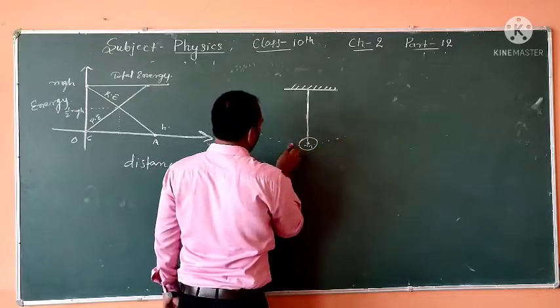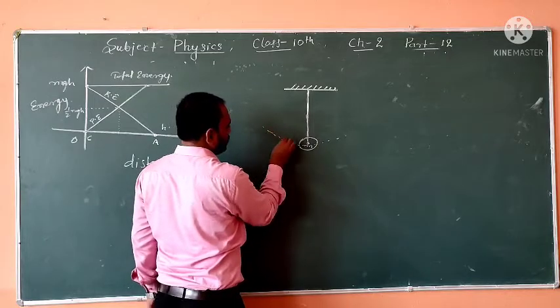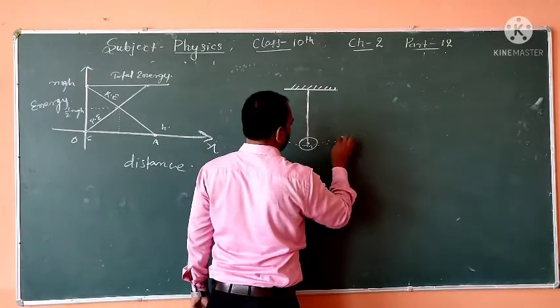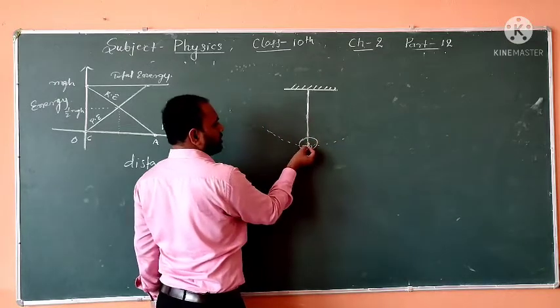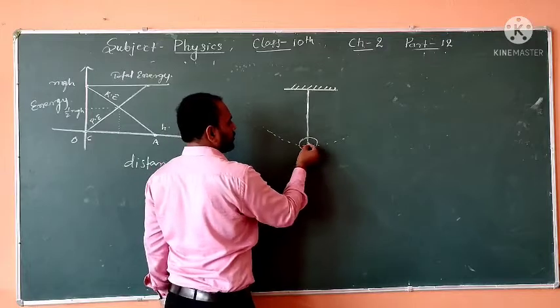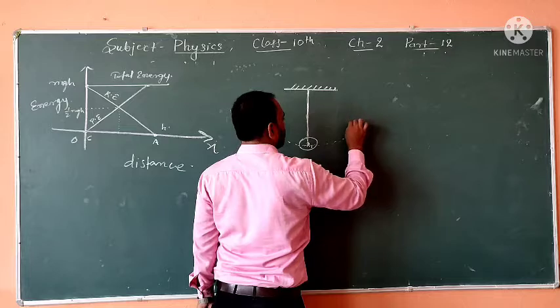When this body is moved from its mean position, this position is called its mean position, it is moved to some distance.